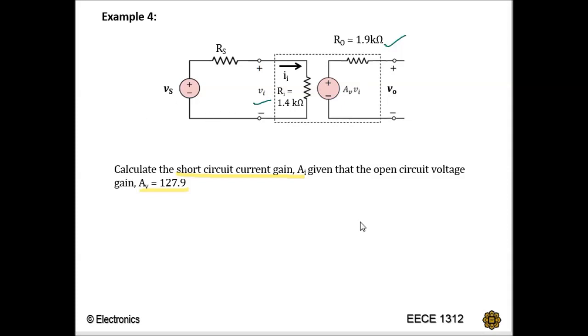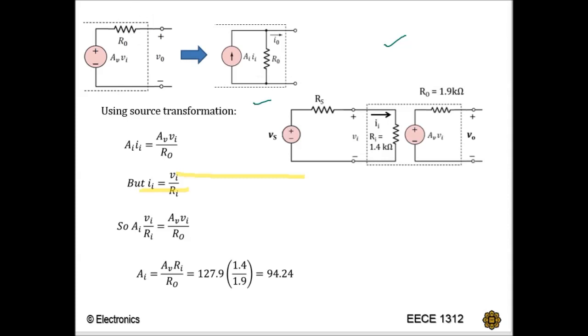Based on the source transformation, if you look at the next slide, you need to transform this into the current amplifier, into a current source basically. You can see here what I did. This is your voltage amplifier part just now.